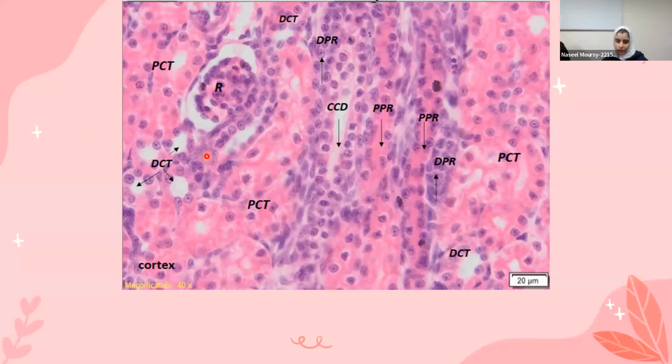Cortical. Good. So how did we know that? Because we literally see a corpuscle here. This leads you to know that it is part of the cortical labyrinth. Now this part would obviously be medullary rays. But obviously we have to go into more details, so I'll leave this up to you guys.